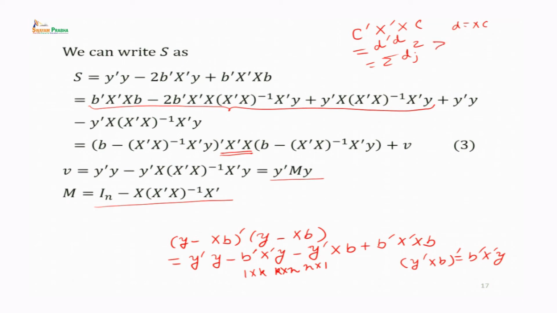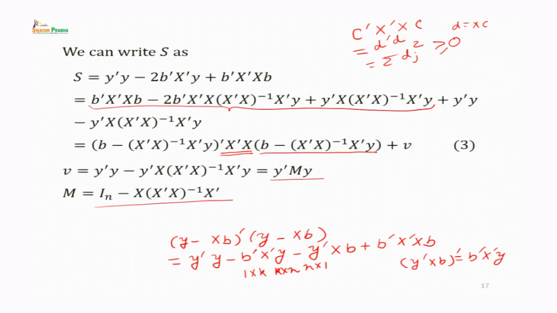Now, this is greater than or equal to 0, so the minimum possible value is 0, and that minimum occurs when b is equal to X transpose X inverse X transpose y.